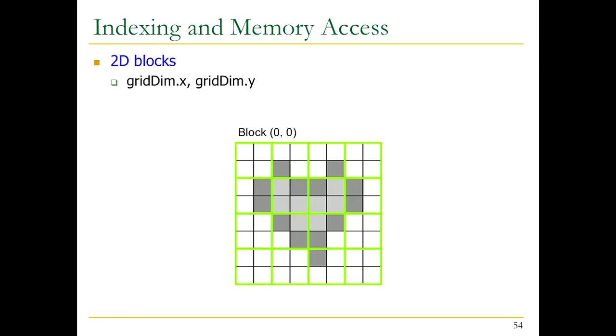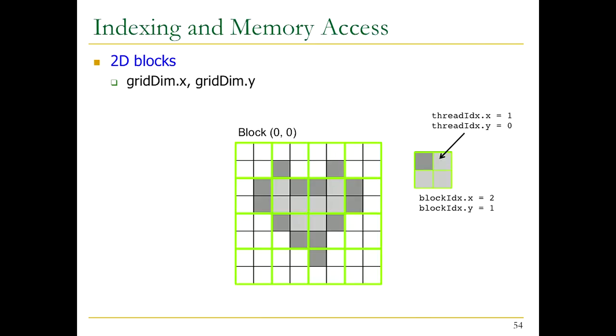For example, in this particular case, for this image, we are going to launch gridDim.x equal 4 and gridDim.y equal 4, right? So how are we going to access the pixels in this particular case? Well, for example, here on the right of the slide, you see the pixels that are assigned to one of the thread blocks. This thread block is going to be block x equal 1, y equal 1.